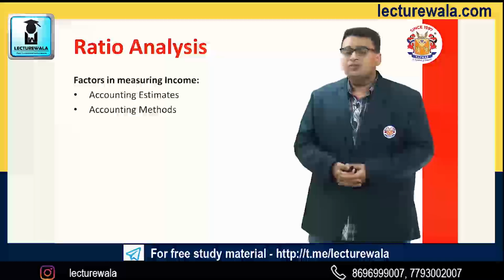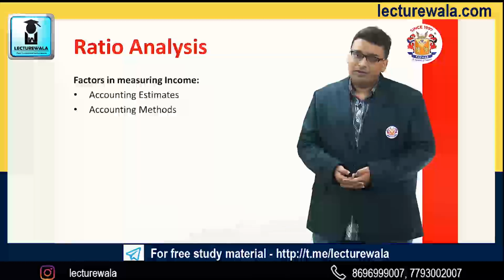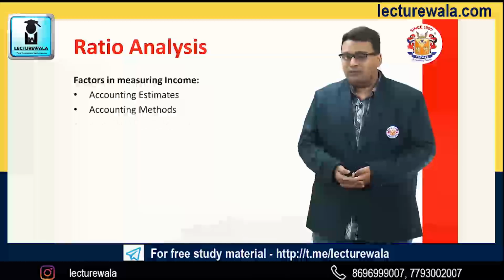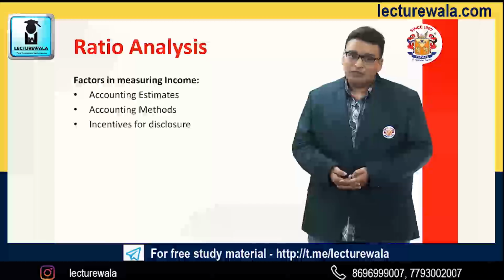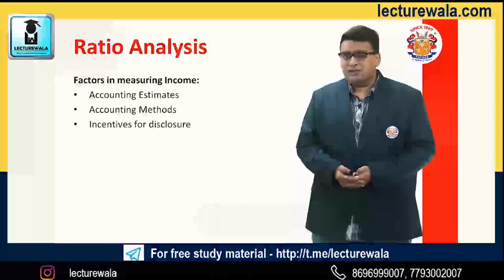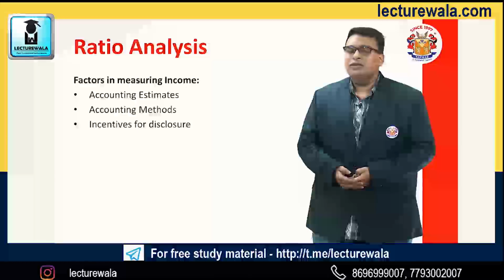So there are various factors which are to be considered while determining the income, like the accounting estimates we are making, the accounting methods that we are using, and then the diversity among the users, and all such matters which are considered for measuring the income and which will be considered for the ratio analysis.